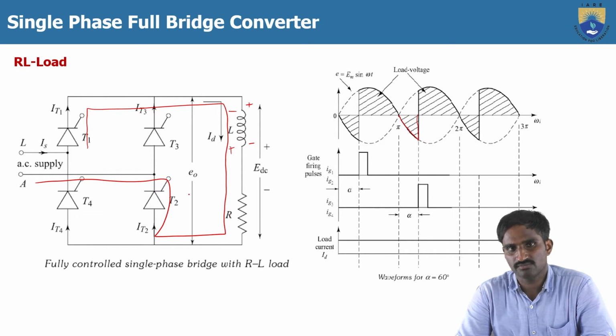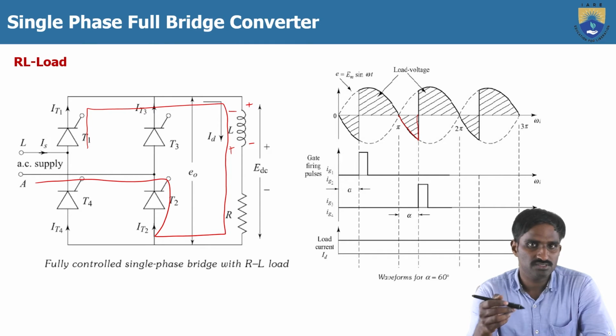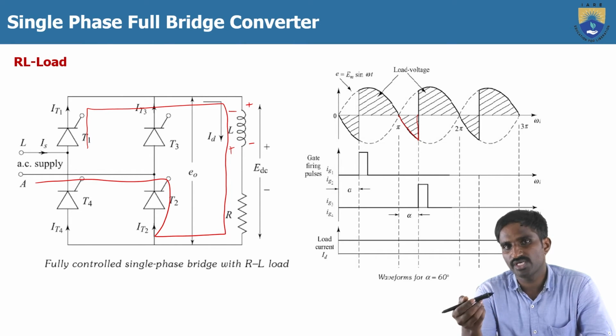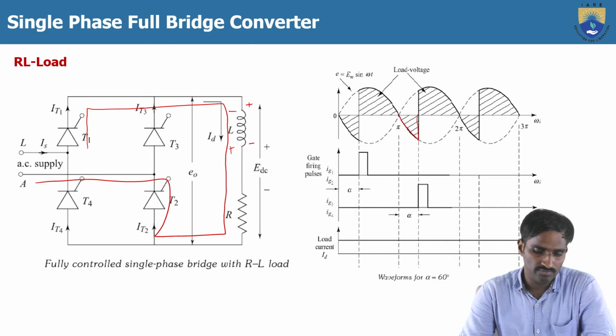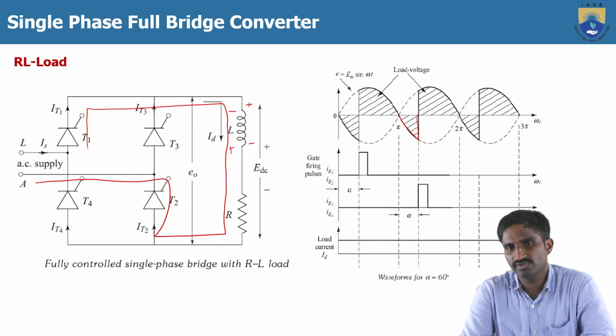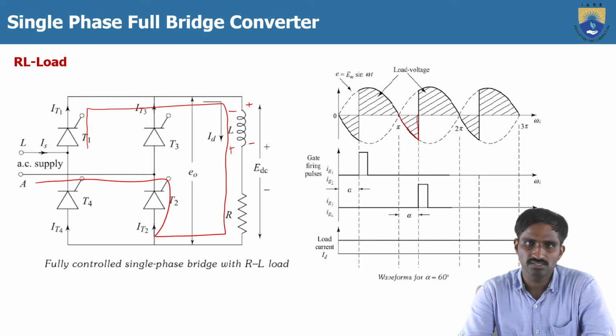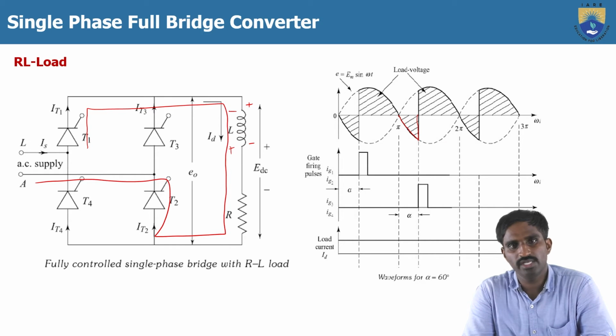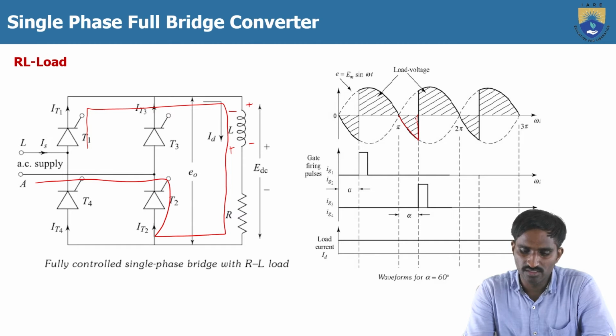It will allow some reverse biased voltage until the anode current falls below the holding current. Once the anode current falls below the holding current, the thyristor will get turned off. That's why we get some amount of voltage here.